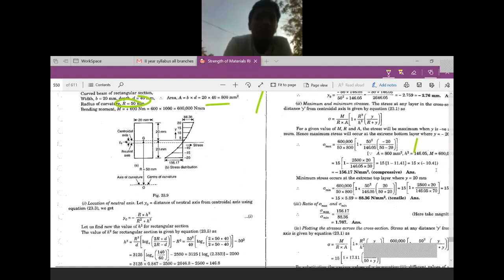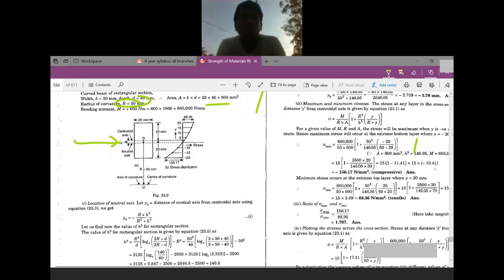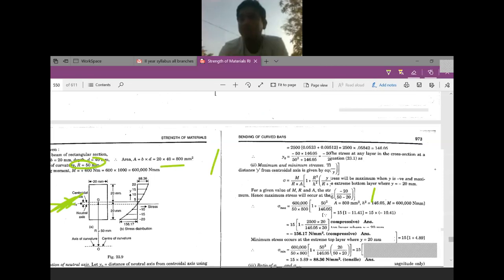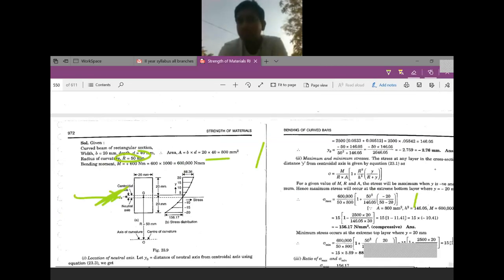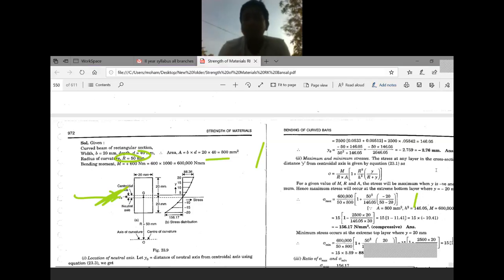Here you are considering the centroidal axis, that is nothing but the centroid is at a distance of 20 in the center of the triangle, and the neutral axis is at a distance of y naught from the centroidal axis.